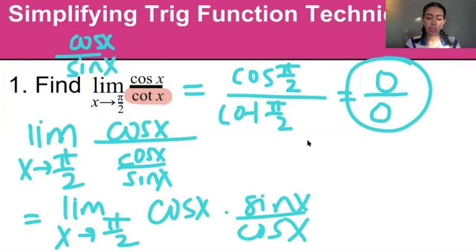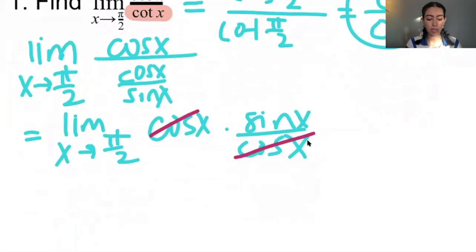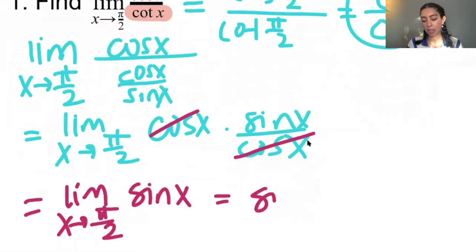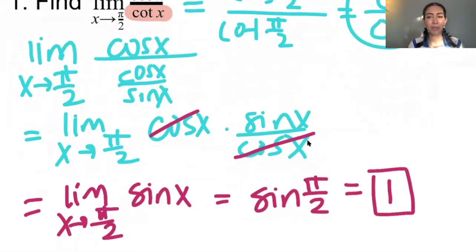And I can already see those cosines are going to cancel out, leaving me with the limit as x goes to pi over 2. Don't forget that limit notation. We haven't done direct substitution yet, of sine x. And now we can try direct substitution. That's going to be sine of pi over 2, which is equal to 1. So we actually could find our limit in this case.